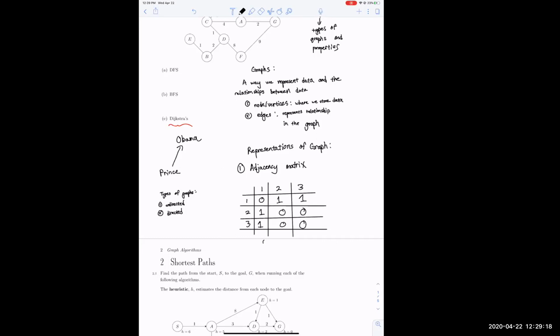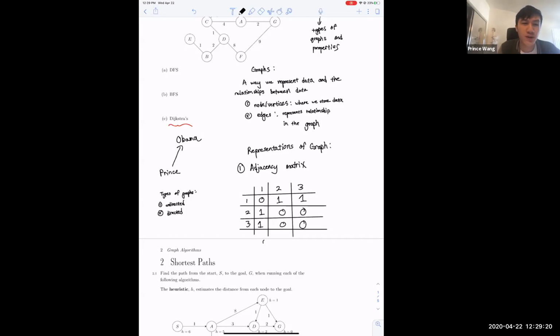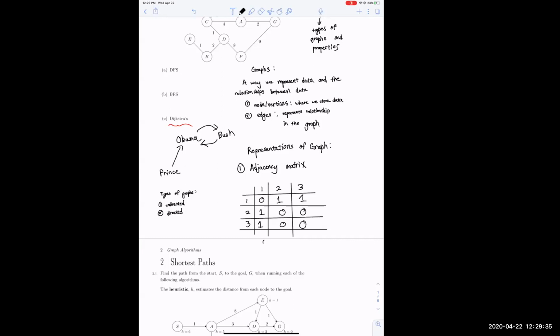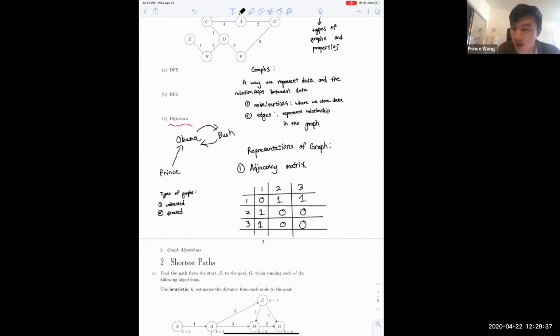But say two people know each other, like President Bush. Then you're going to have two edges between the nodes, where one goes to the other and the other goes back to the original. There are a lot of other ways a directed graph is useful, but one very good way of thinking about it is social networks.